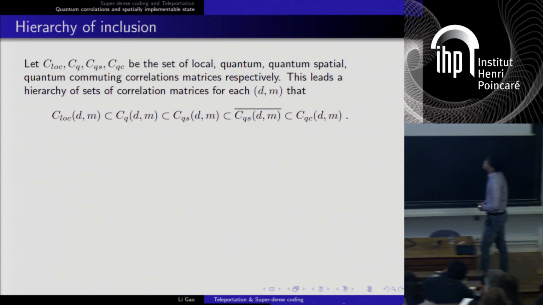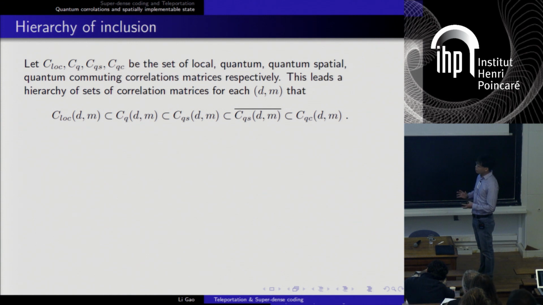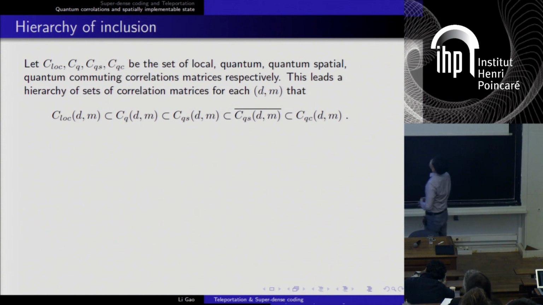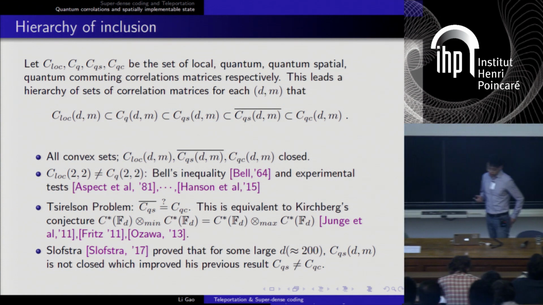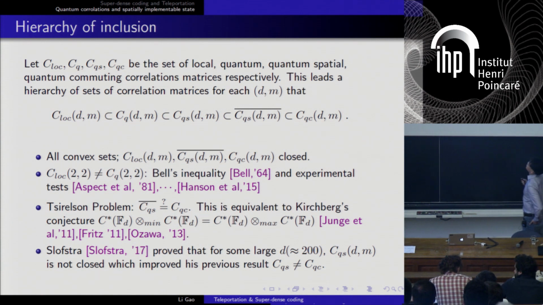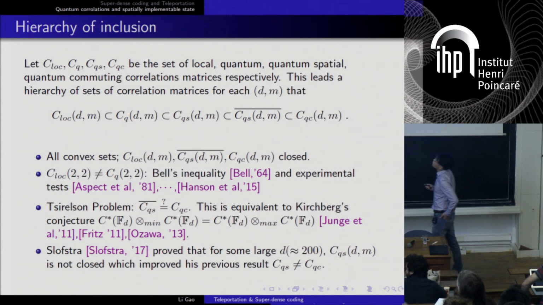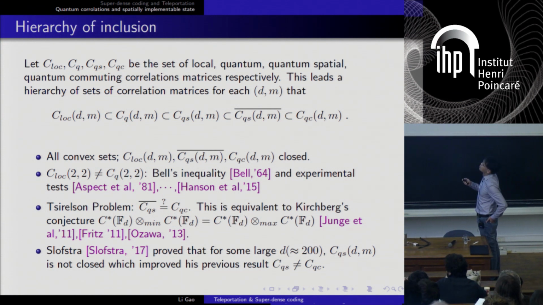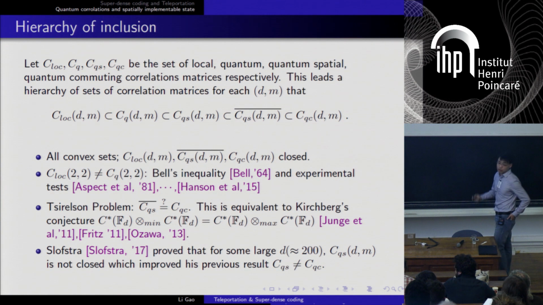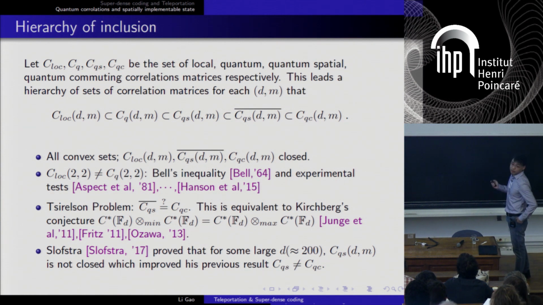So if we define the set of all correlation matrices arising from the different settings, local, quantum, quantum spatial, and quantum commuting, we have this hierarchy, a chain of inclusions. Basically, local correlations belong to quantum, which belongs to quantum spatial, and the quantum spatial set belongs to its closure, and its closure belongs to quantum commuting.